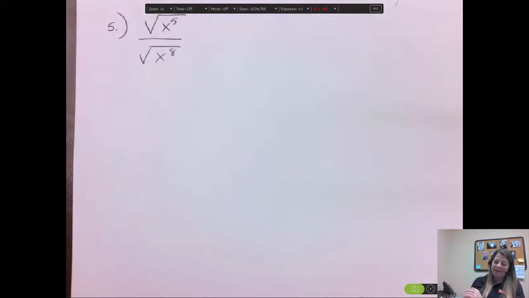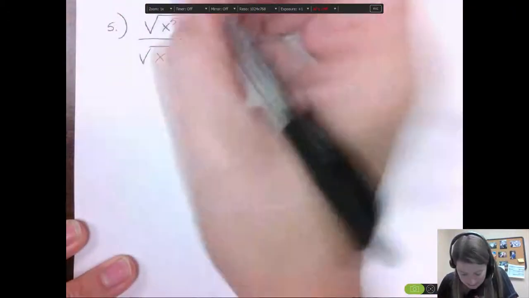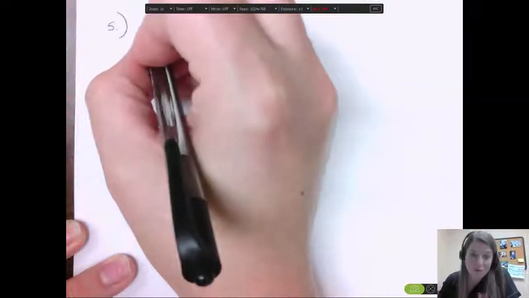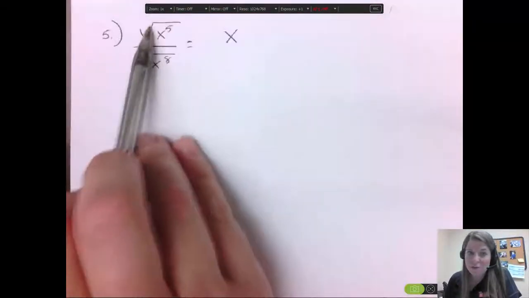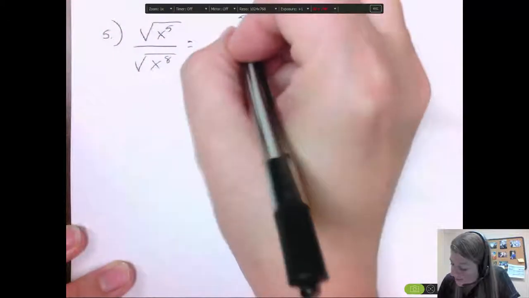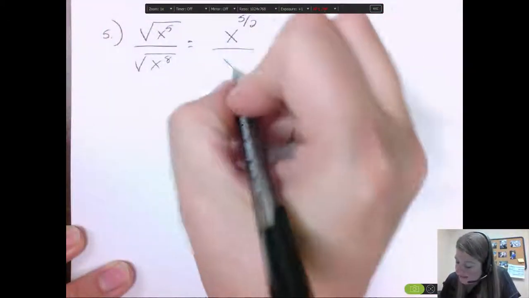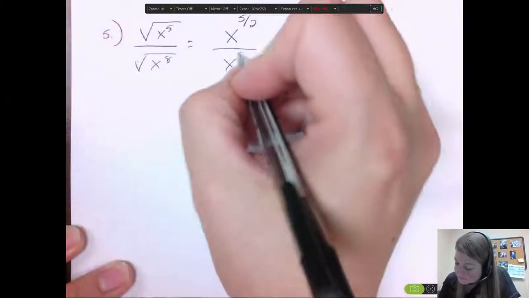If you have something like this and it says write it with a fractional exponent, we're going the opposite direction basically. So this one here on the top is going to become x to the 5 over 2, right? 5 over 2, this is like a 2 when we don't write it. So this would become a 5 over 2, 5 from here, 2 from here, over x to the 8 halves.